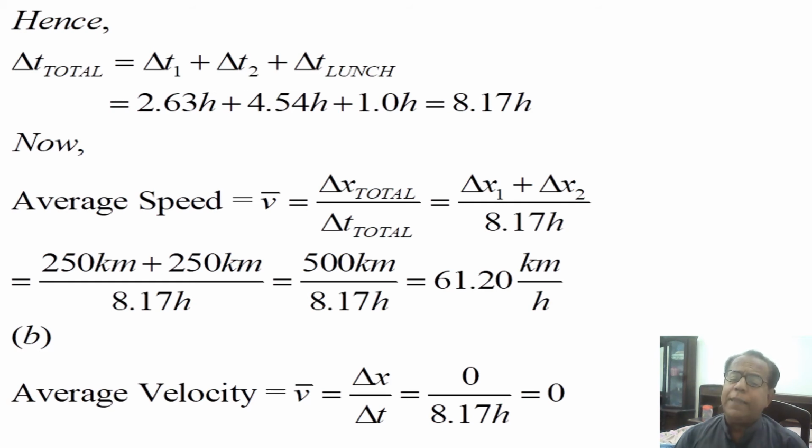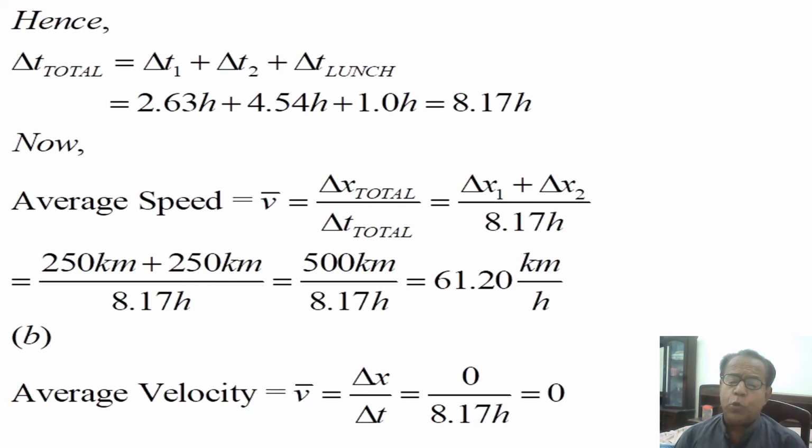So we have all three quantities, and we just add these three quantities, and hence delta t total becomes equal to 8.17 hours. Delta t total is equal to 2.63 hours plus 4.54 hours plus 1.0 hour, which becomes equal to 8.17 hours.